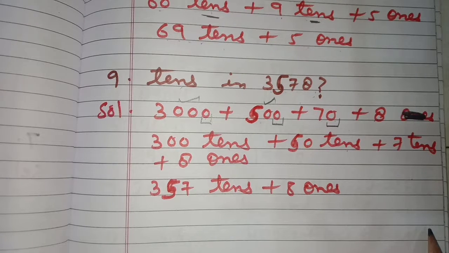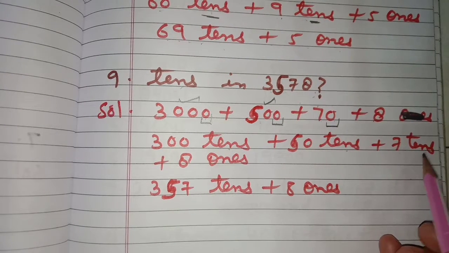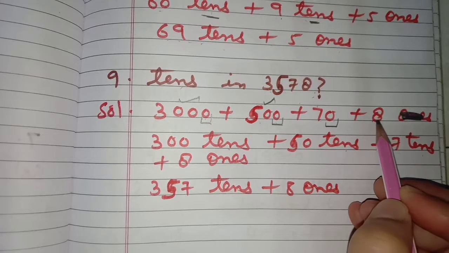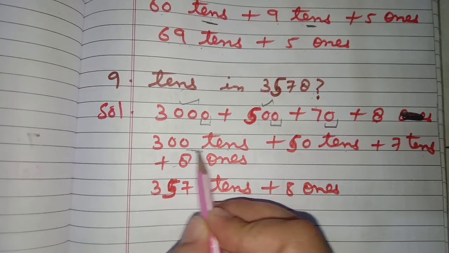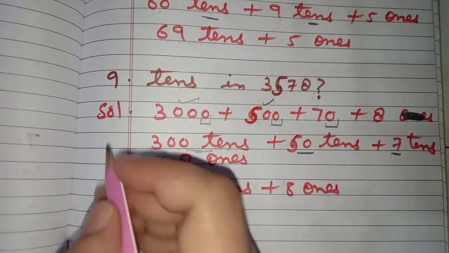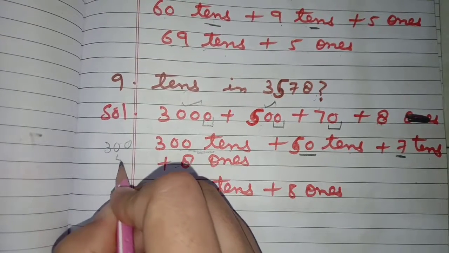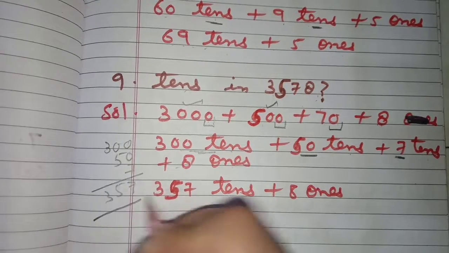Then here also 1 zero. How many tens are there in 70? 7. So we have to write 7 tens. And then this single digit is at ones place. So we have to say 8 ones. Now we will add all the tens. This one, and this one. So 300 plus 50 plus 7. You can add it somewhere. 300 plus 50 plus 7. So it is 357.